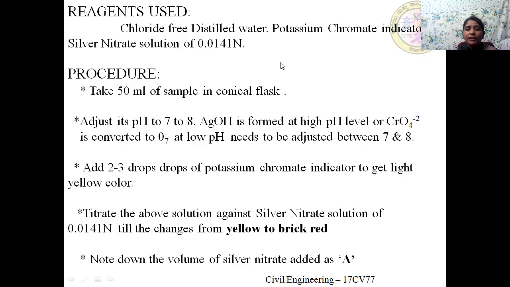This test, where we determine chloride content, is done in two steps. In the first step, we determine the chloride content of the given water sample, and in the second step, we carry out the blank test. The indicator blank correction is very important.